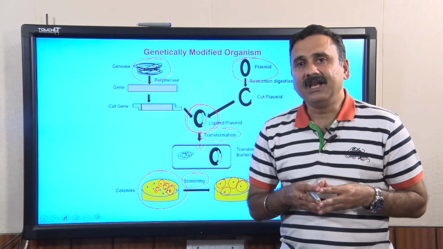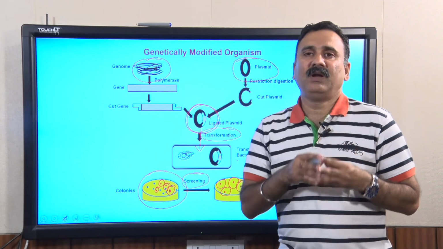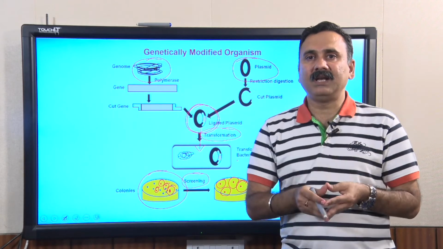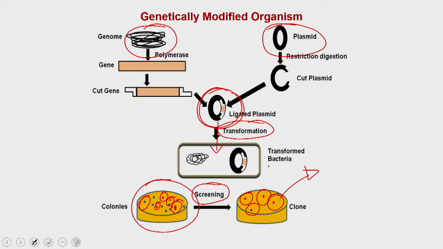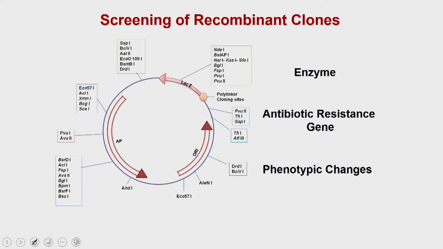So, for the screening you need exclusive criteria which you can use to exclude the cells lacking the recombinant DNA. Now, if you see a typical plasmid, this is pUC19.